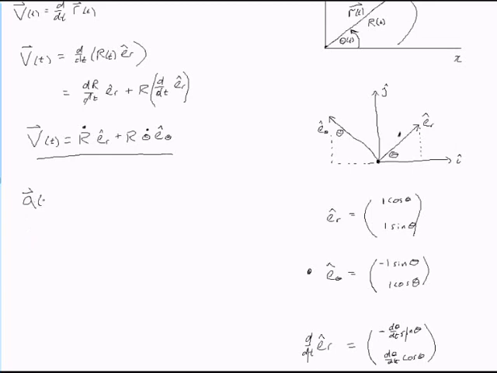Well, we know our acceleration is going to be equal to the derivative of whatever this is. Well, that's just going to be equal to the differential of whatever this is. So I'll draw an arrow just here.